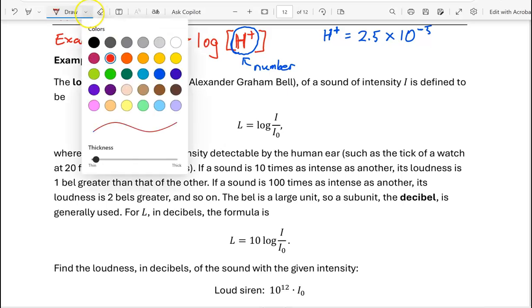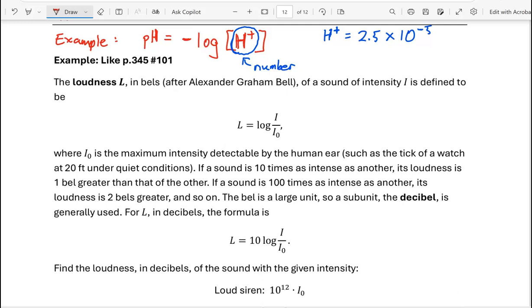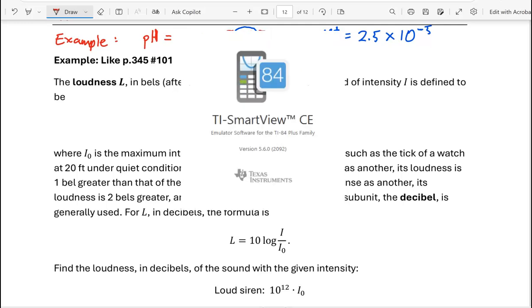Okay, they're not asking you to do any fancy evaluation thing or whatever. It's just type in your calculator negative. In fact, I'll show you right now. And there's even a shortcut button for scientific notation. I'll go ahead and show you that too while I'm at it here.